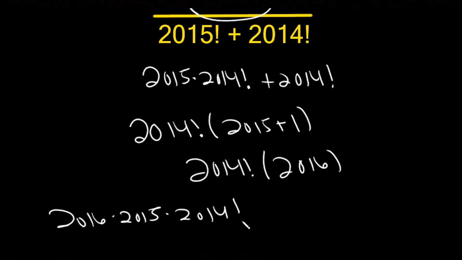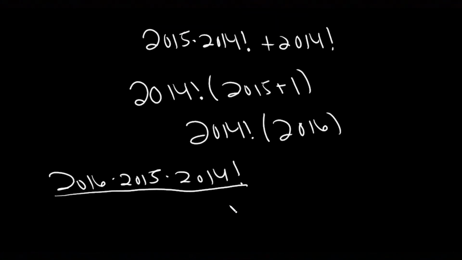and write it as a factorial. That is the same thing as 2016 factorial, but now think about it. This part right here is on your numerator, right? And then our denominator is going to be 2014 factorial times 2016. So why don't I go ahead and write that in? Our denominator is going to be 2014 factorial times 2016, and now look what happens.